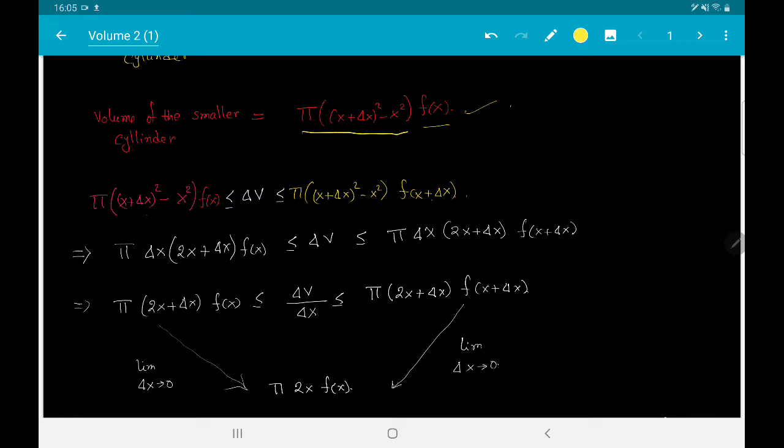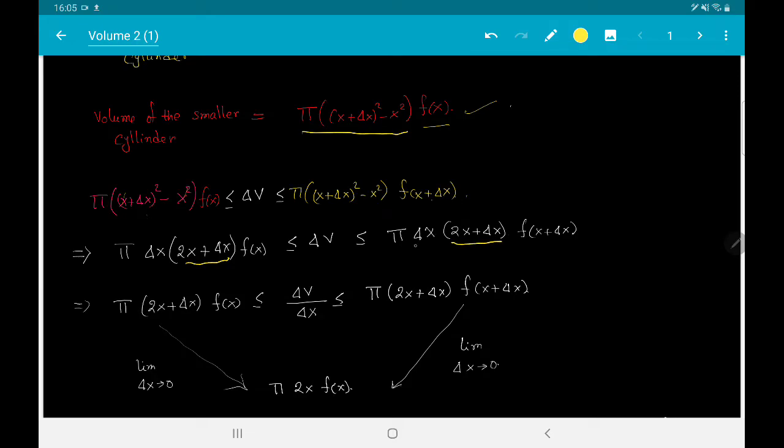Some cancellations happen in the parenthesis. You can see that x square gets cancelled with the x square here, and we are left with a very nice expression. We can take delta x out, and inside we will be left with 2x plus delta x.